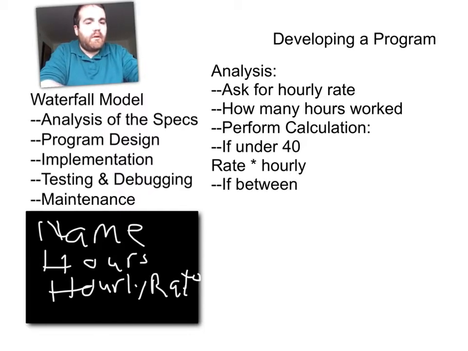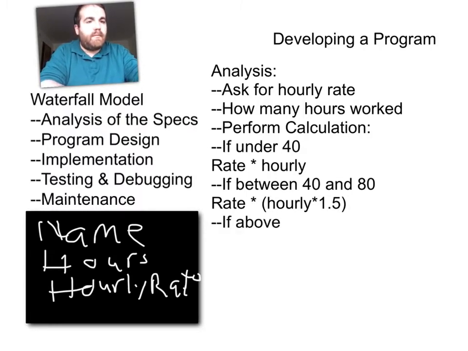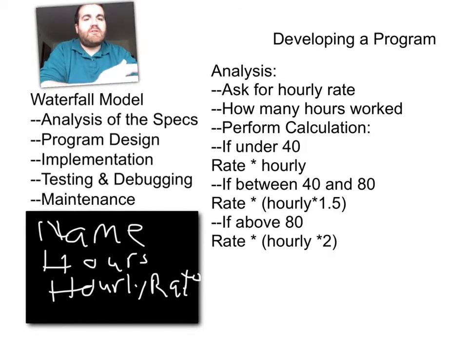If between 40 and 80, rate times hourly times 1.5, because it takes 1.5 of the rate. If above 80, then it is rate times hourly times 2. That's your basic calculation.